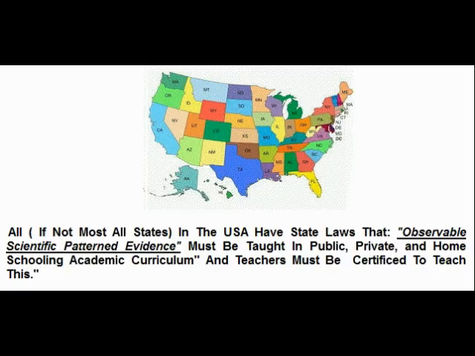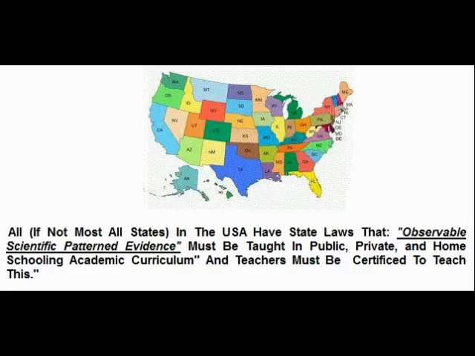Matter of fact, in almost all 50 states of the United States, it is a state law that observable scientific patterned evidence should be taught in public, private, and homeschooling academic curriculum situations, and the teachers even need to be certified to be able to do this.